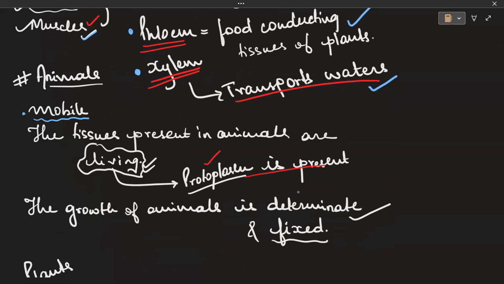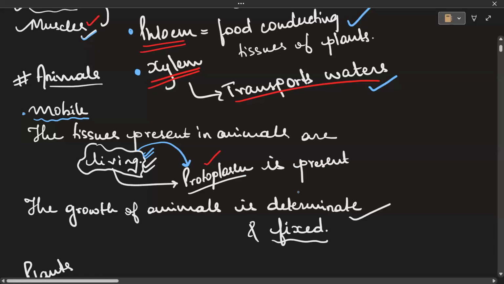All the tissues in the case of animals are living tissues. By living, I mean that protoplasm is present in that tissue. Do you remember protoplasm from the chapter on the cell? Yes, ma'am, I remember. So whenever protoplasm is present, we can call the cell a living cell, or a tissue a living tissue.